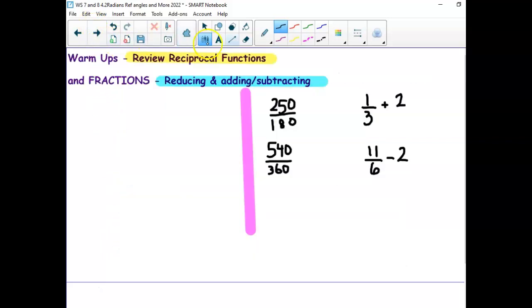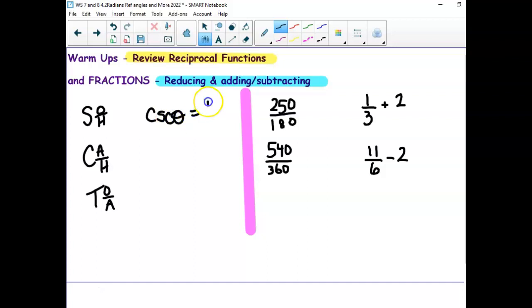All right, real quick warm up. Can you review with me? We have the SOHCAHTOA. Are we all good on that one? We got that one memorized? So then what are the reciprocals?